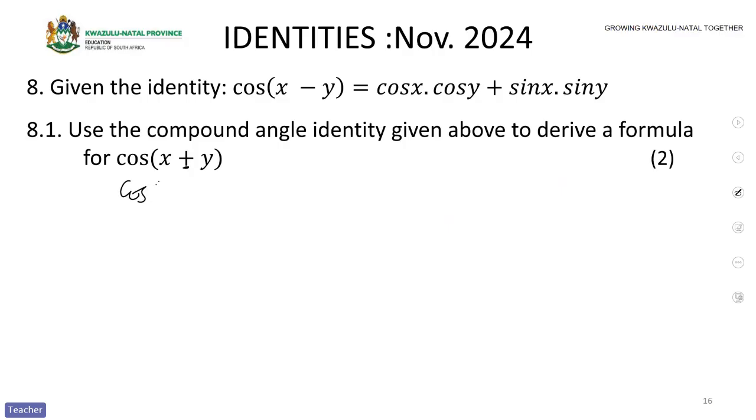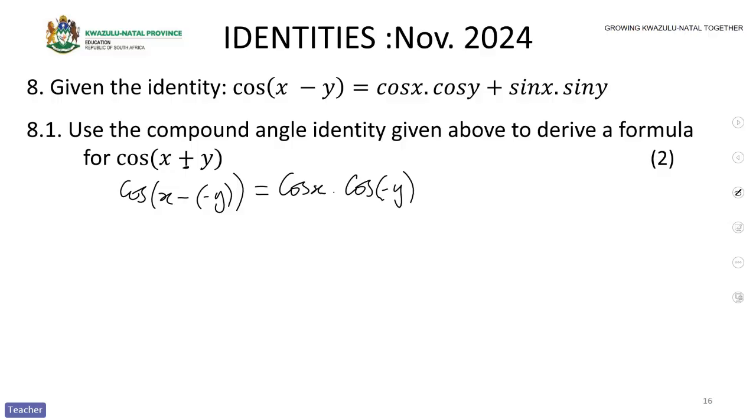So it is important to recall that this one can be expressed as cos of x minus negative y. Why? Because negative times negative will be positive. So it is very important to recall that one. Now we can apply the compound that we have expressed above. So what is cos of x? It is going to be cos of x times cos of negative y.